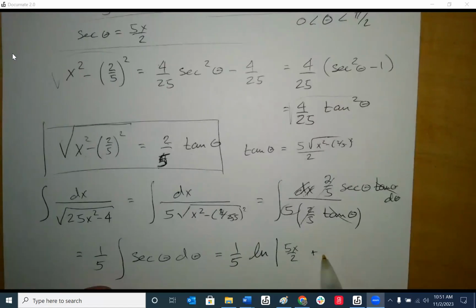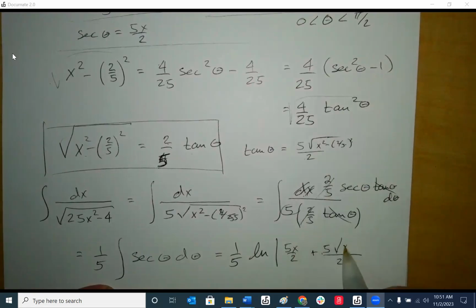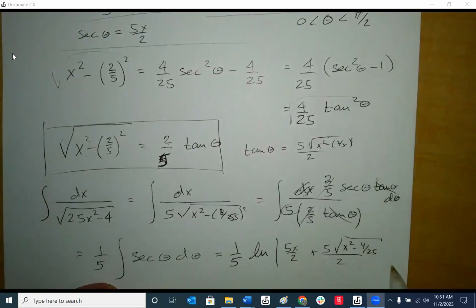So it'd be 5/2 radical x squared minus 4/25, plus c.